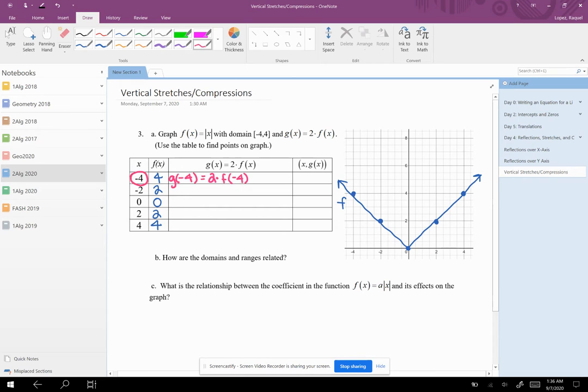When I plug in -4 for f, the output is 4. So really, this is just saying 2 times 4, and that gives us 8. So the new coordinate for g is going to be -4, comma 8. I can go ahead and plot that. So -4, comma 8 is all the way up here.